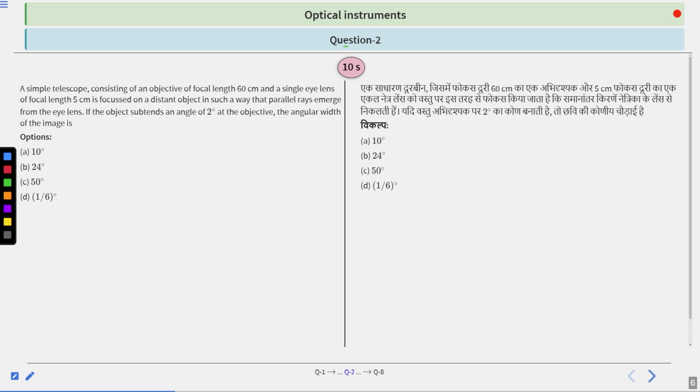Question second. Question second is about a simple telescope. Listen carefully. A simple telescope consists of an objective of focal length 60 centimeter and a single eye lens of focal length 5 centimeter, and is focused on a distant object in such a way that parallel rays emerge from the eye lens.